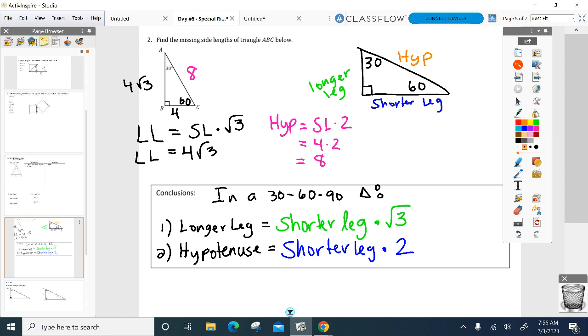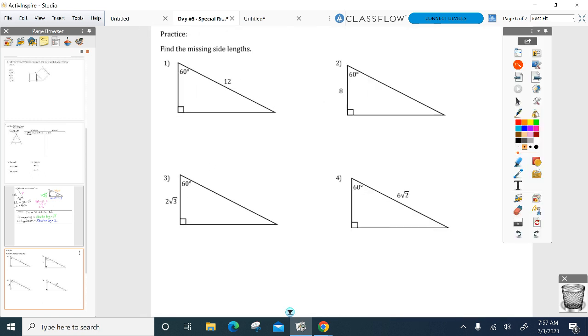Any questions before we go to multiple examples here? All right, let's do it. If you want to write in where the 30 is, that's fine. If not, it's okay. You know it's a 30, 60, 90, whether I put the 30 in or not. All right, what's the 12?